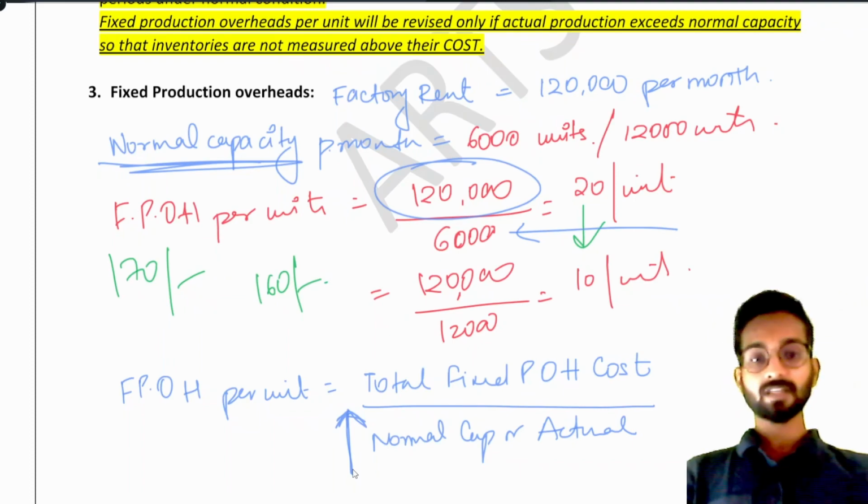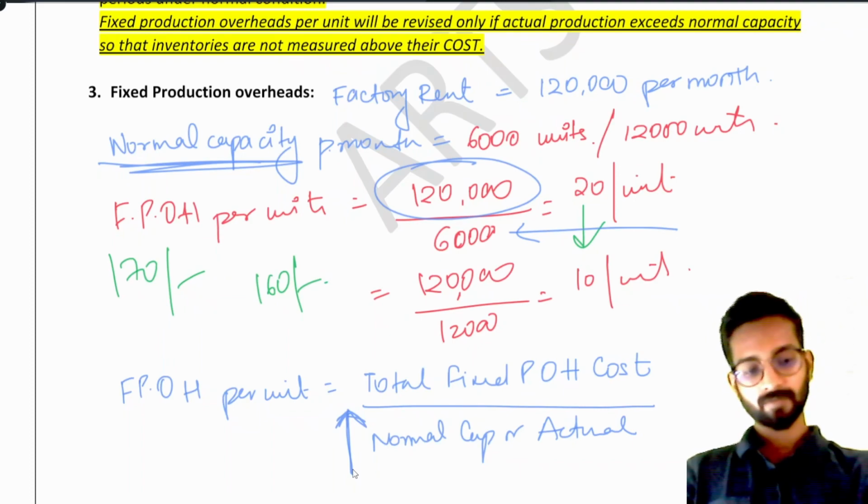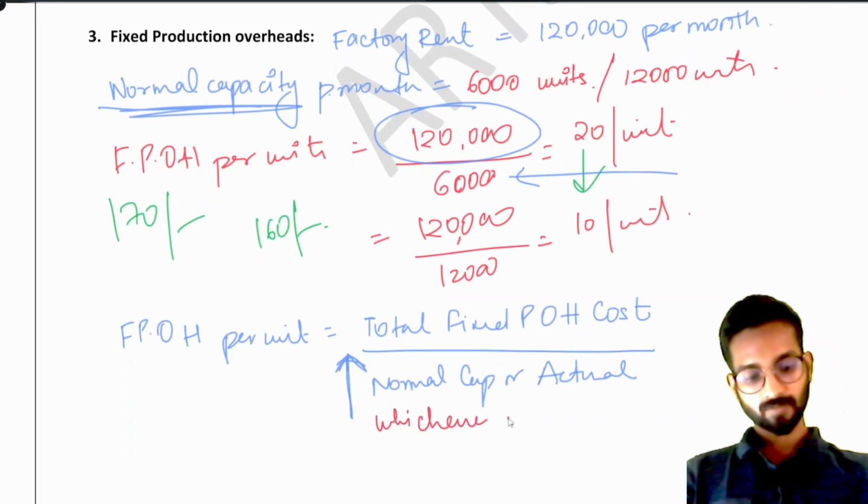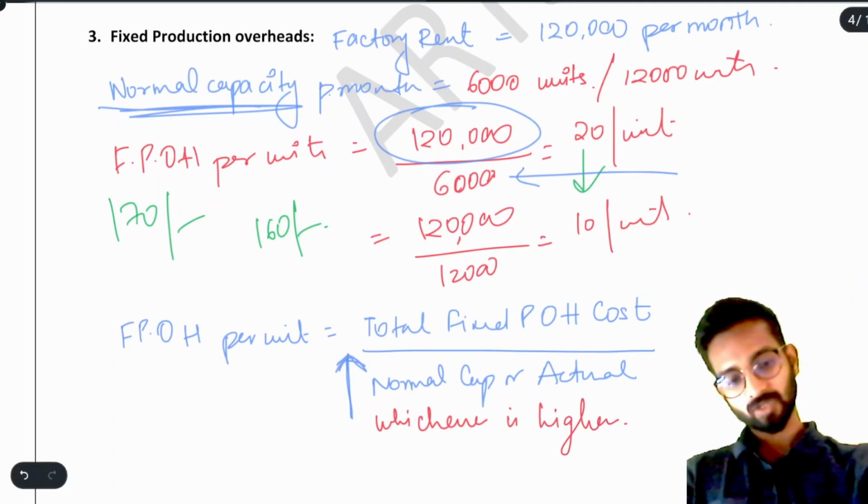Remember this, whichever is higher. Do not write here whichever is lower, it is whichever is higher. Understood? We'll solve one capsule here.